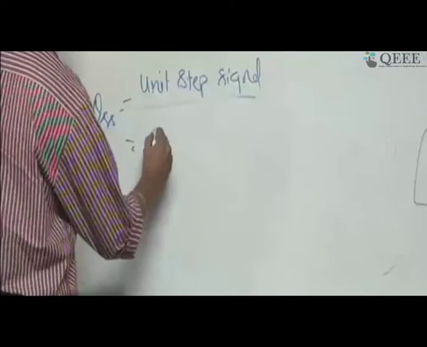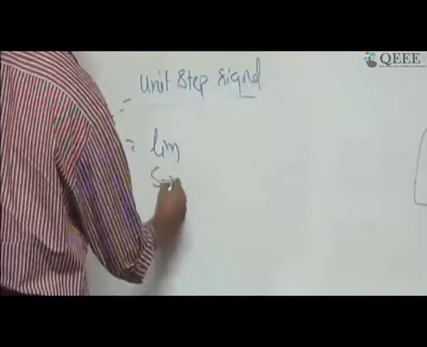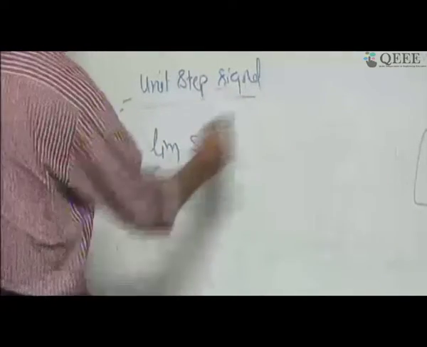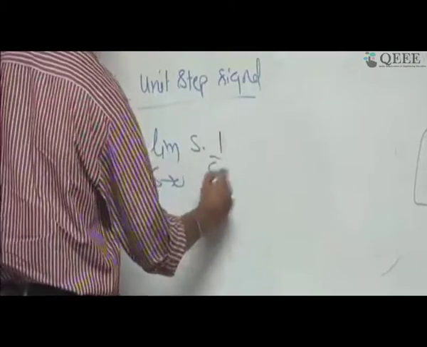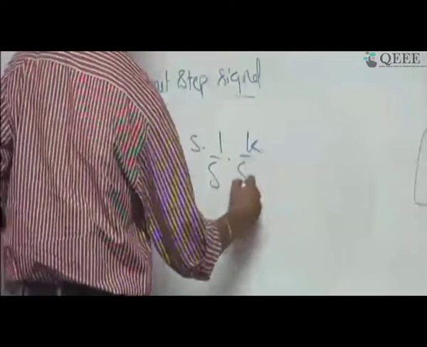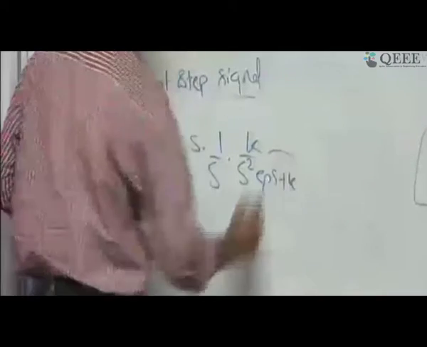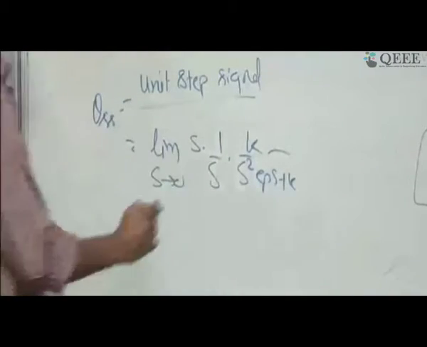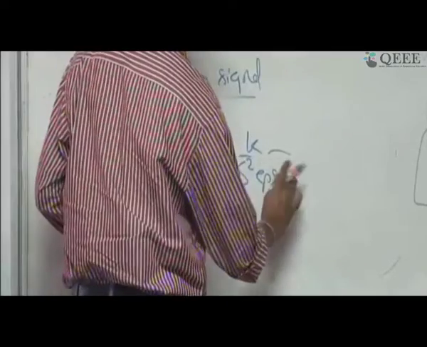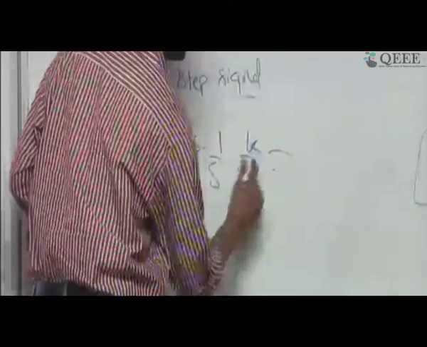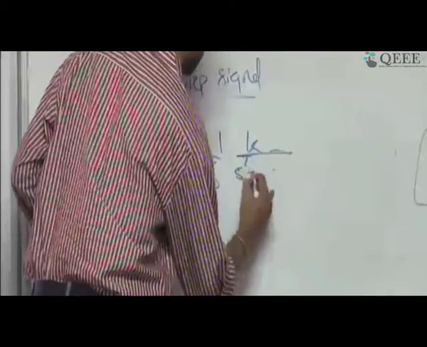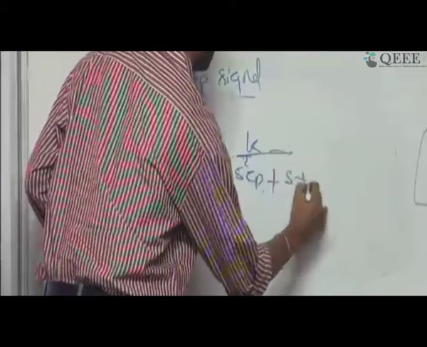So this all of us know: limit s tends to 0, s theta rs is 1 by s into k over s square tau p plus s plus k. Sorry, this entire thing I should write as s square tau p plus s plus k.